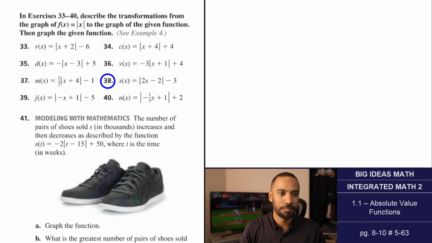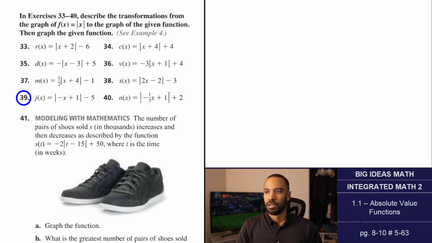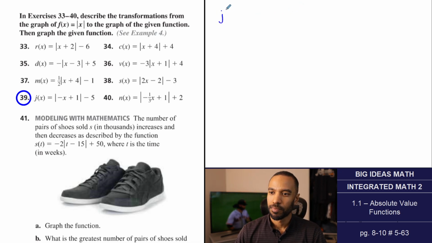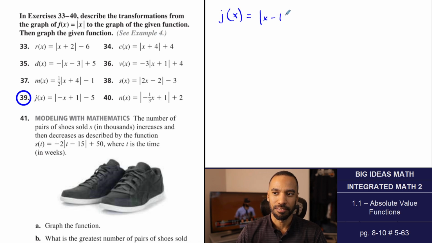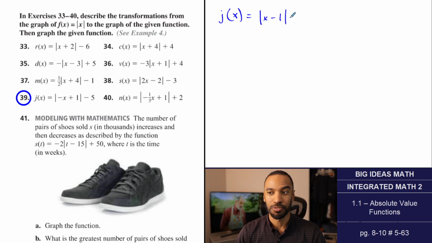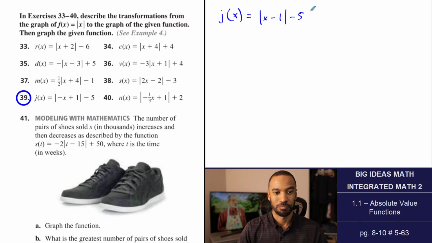Number 39. Okay, we're going to factor a -1 out of the inside. And then we take the absolute value of -1, which is 1. That makes the A value 1, which means I don't need to write anything. Inside here, we're going to have x minus 1, because the -1 was factored out. I don't know if that makes sense, but that's what we're doing.